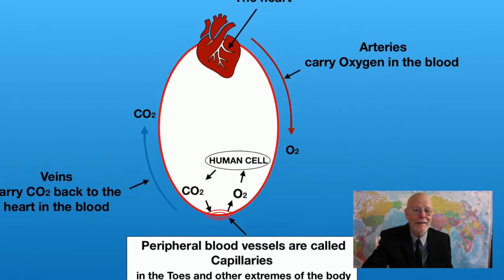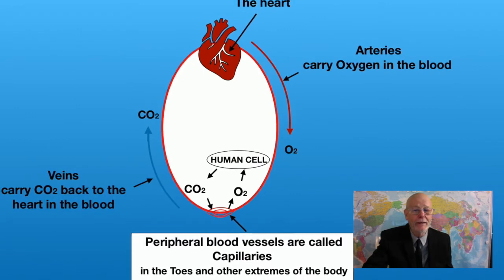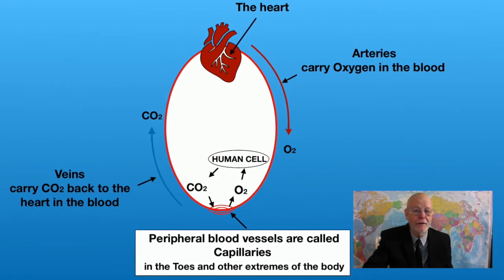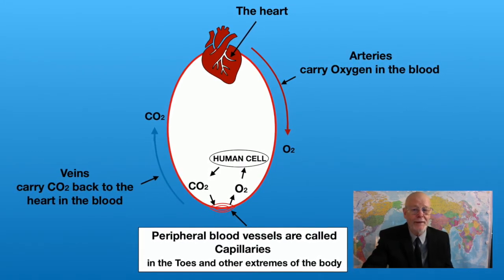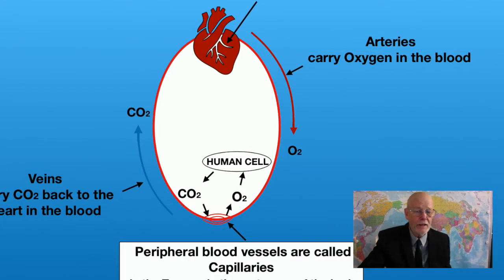Now, when the blood comes out of the heart, it also goes to the liver and the kidneys and so forth, but I'm just explaining one lot that goes down to the toes.